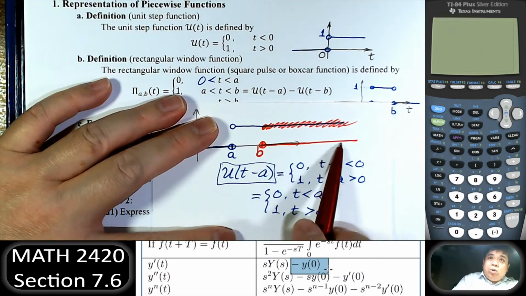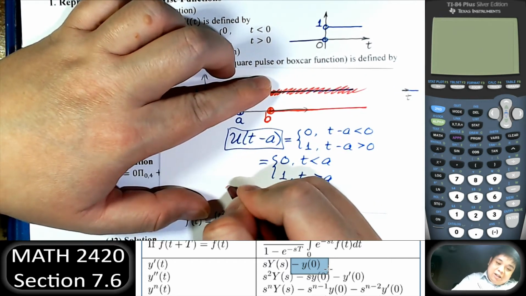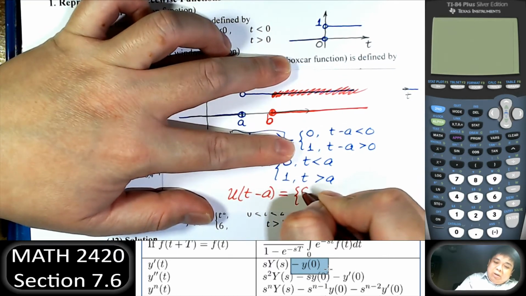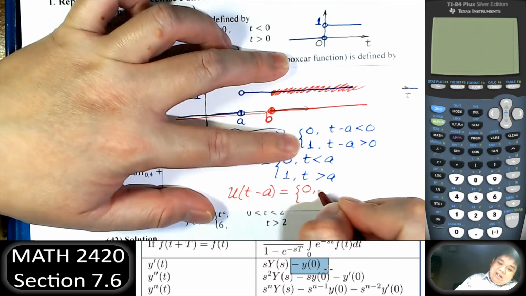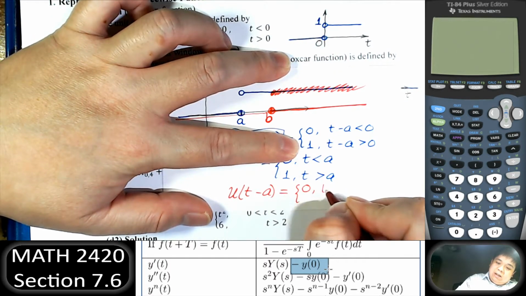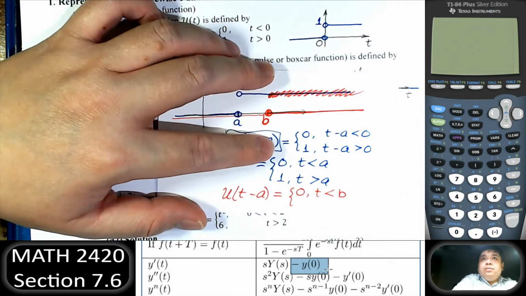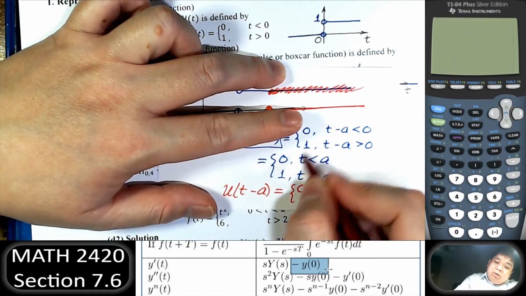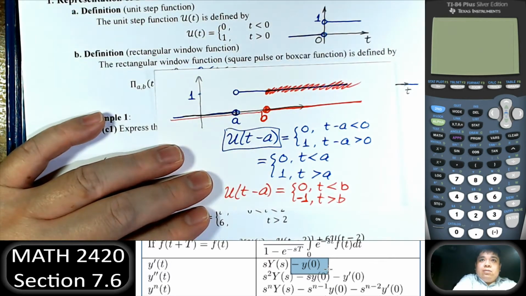So if we want to erase that, we have to do exactly the same thing, but it will be 0 on the left of B. And on the right of B, it has to be the opposite of this.